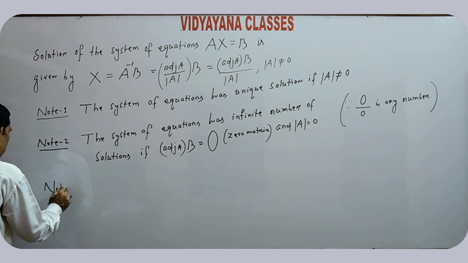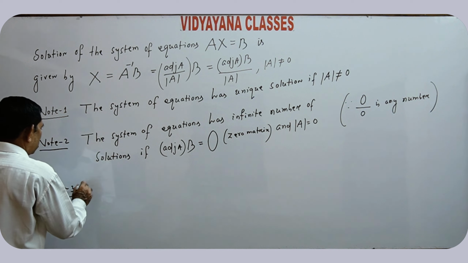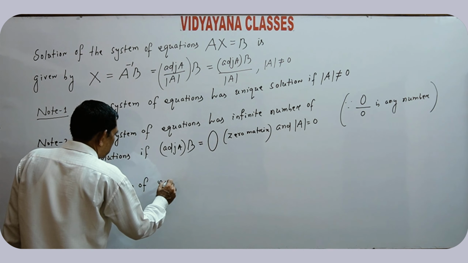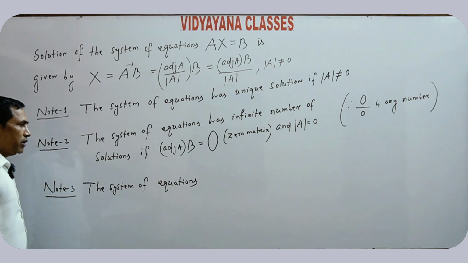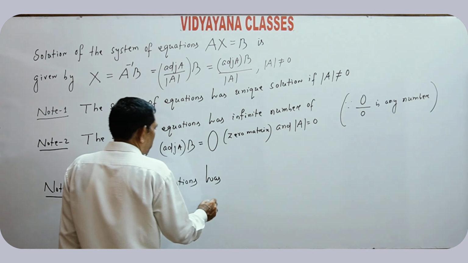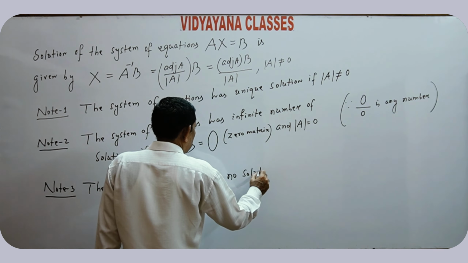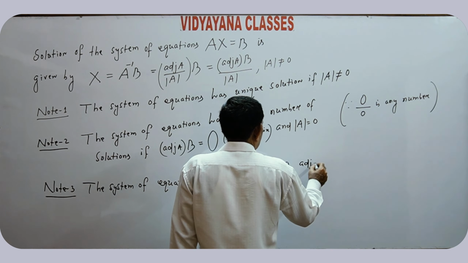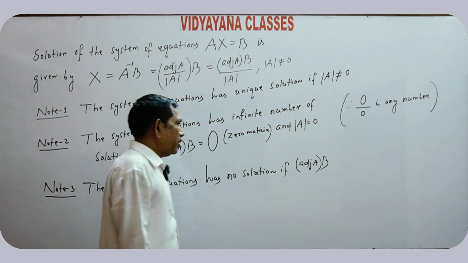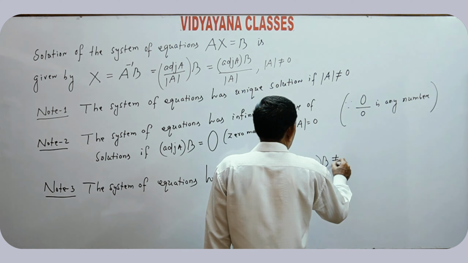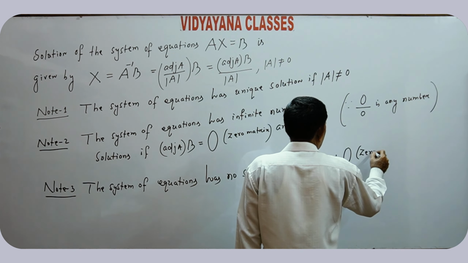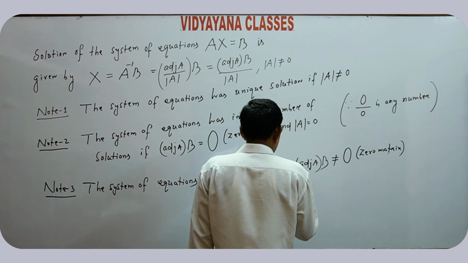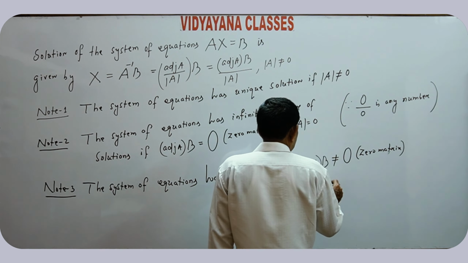Note 3. The system of equations has no solution if adjoint A into B is not equal to 0 matrix and A determinant is equal to 0.